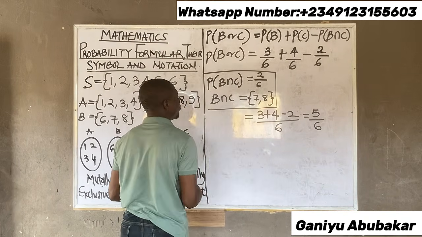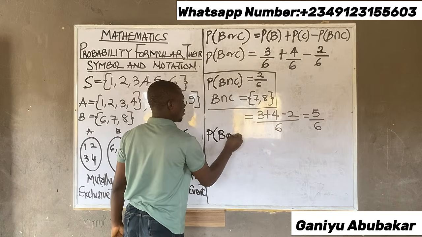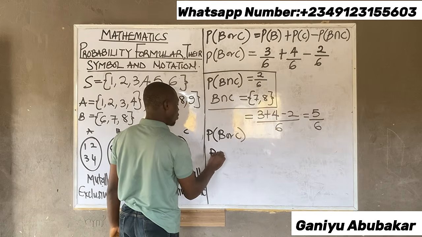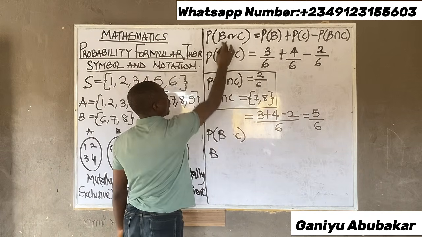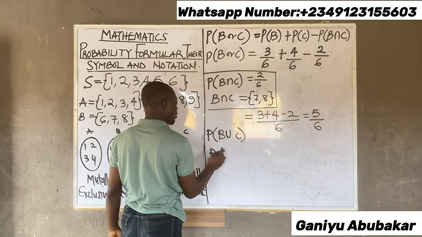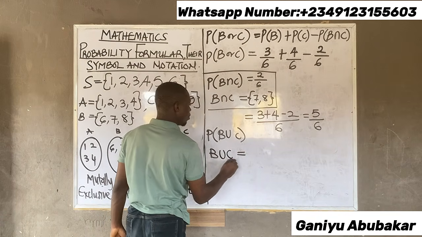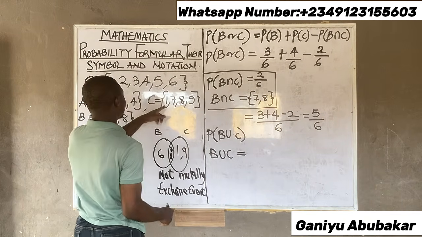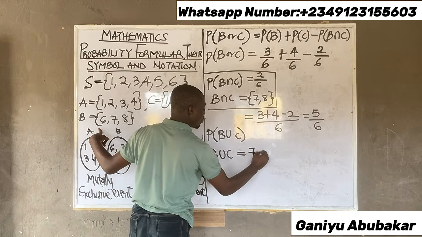Let's now use the normal approach that we know. Probability that B or C will occur. Or means union. So let's find the union of B and C using the normal approach. What's common between them is 7 and 8.